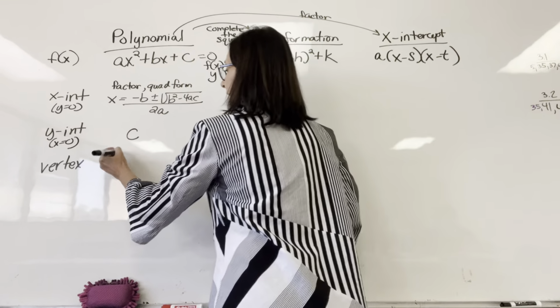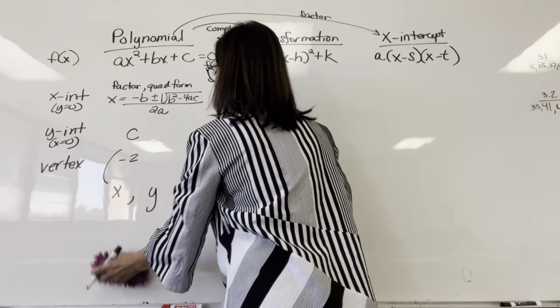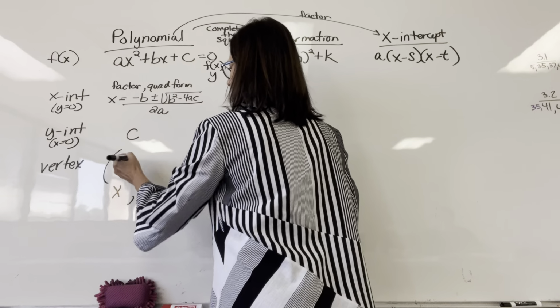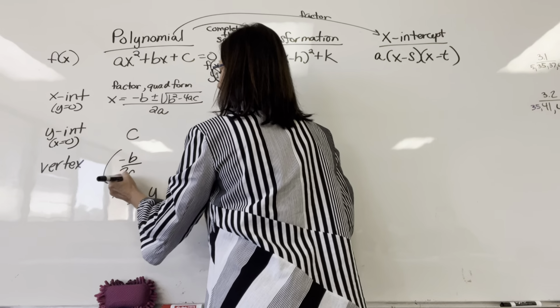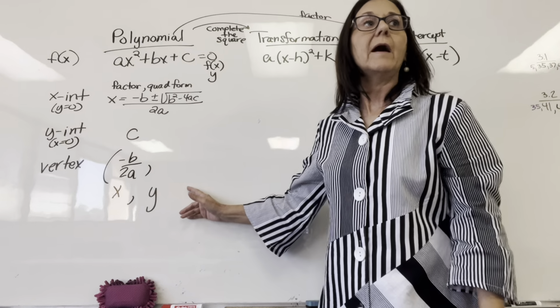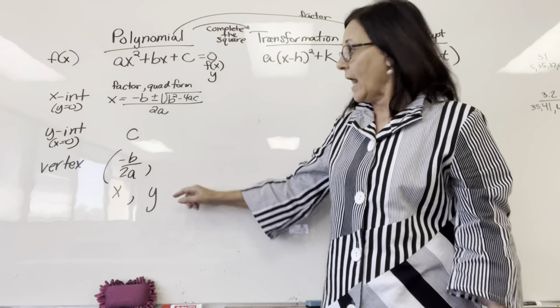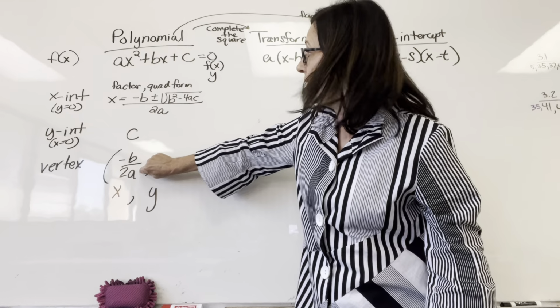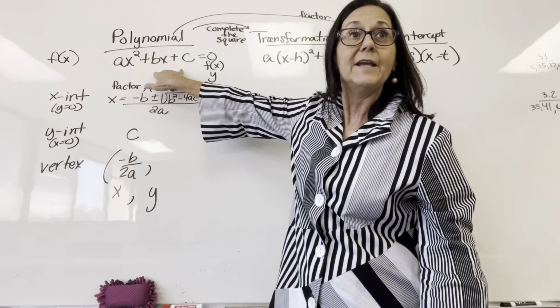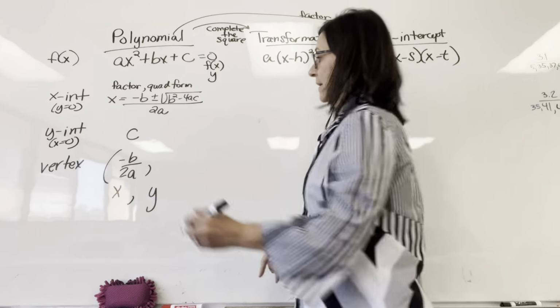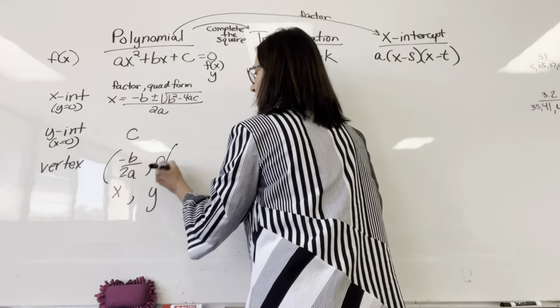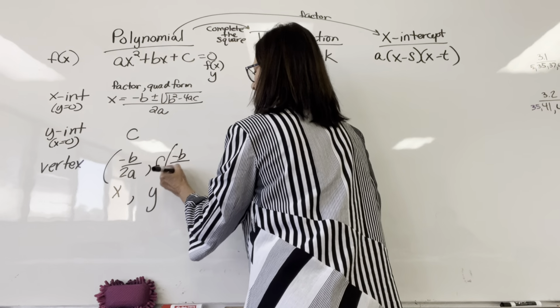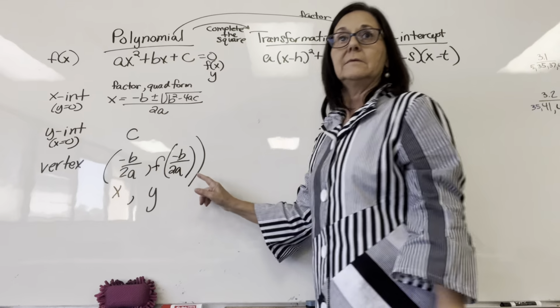So my x value is going to be negative b over 2a. Then how do I find my y value? Well, I plug this number into the equation and I solve for it. So it's f of negative b over 2a. Right?